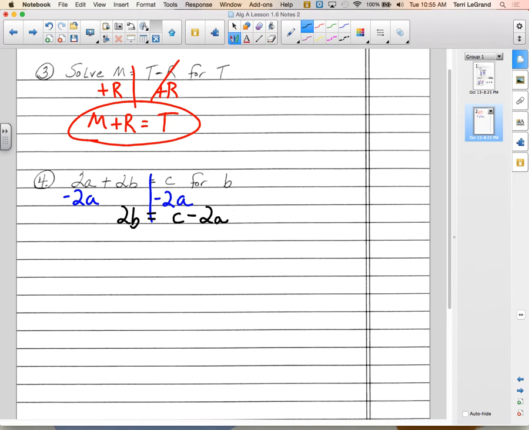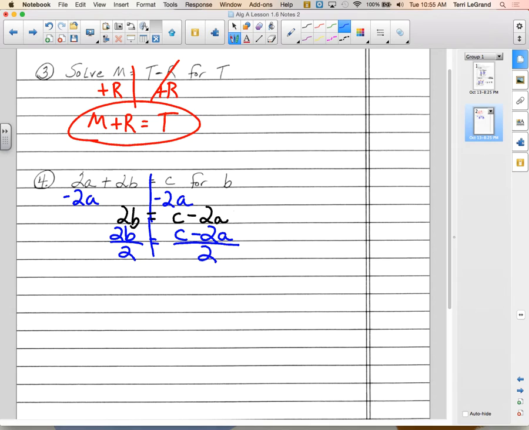Yeah, divide both sides by 2 because, Calvin, why should we divide both sides by 2? Then they're both just B. Then we'd have that b by itself because b is being multiplied by 2. So we write it down again. 2b divided by 2 equals c take away 2a divided by 2, the whole thing.